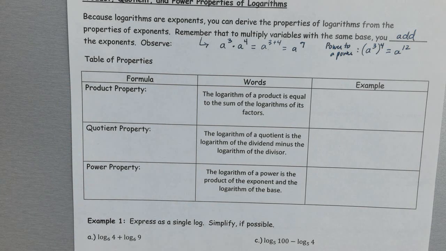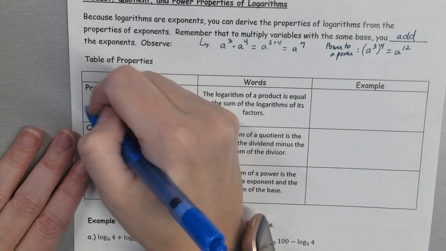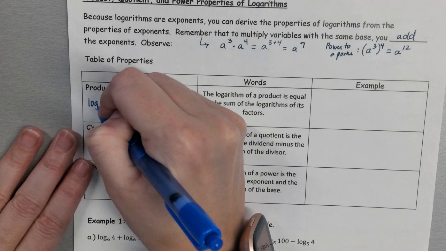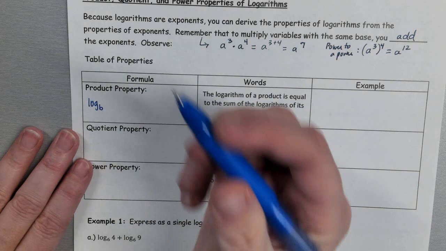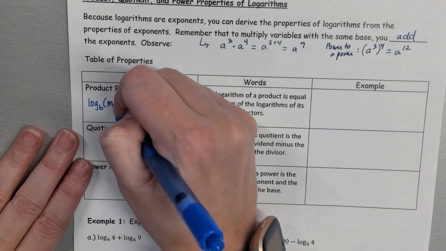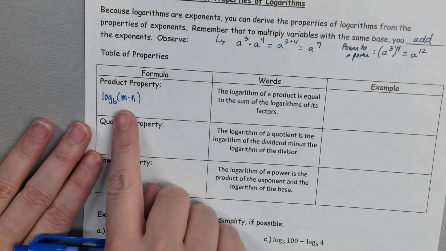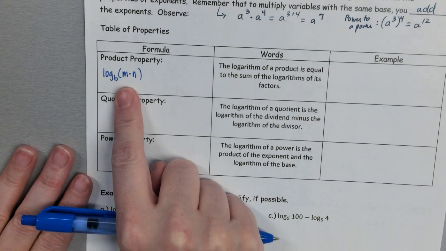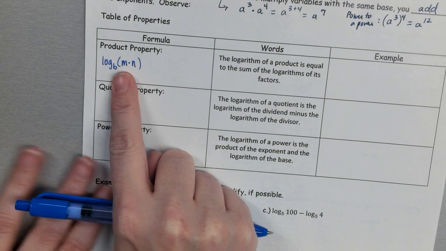Okay? All right, so the first thing we're going to talk about is the product property. So this is log base b of m times n. So this is a way that you can split these when you have the product.